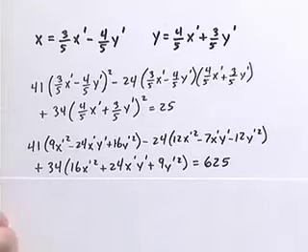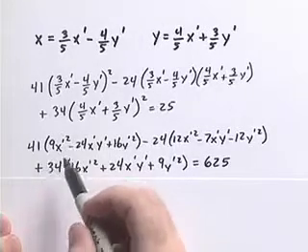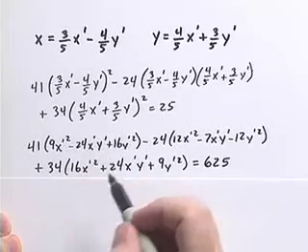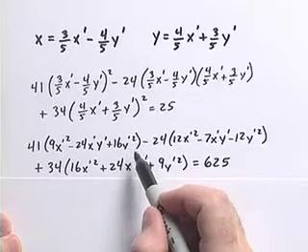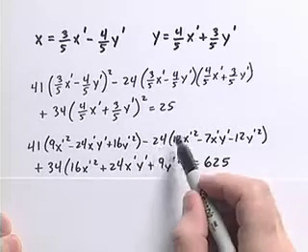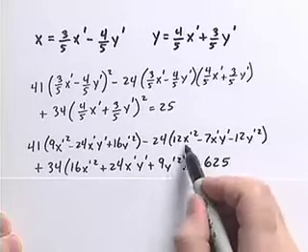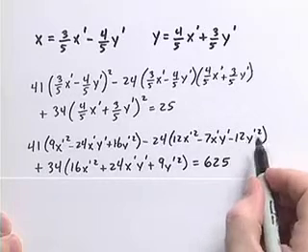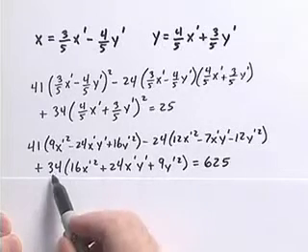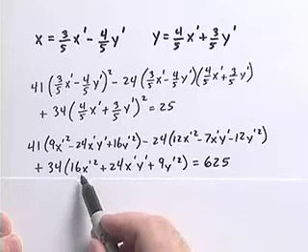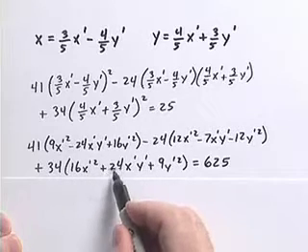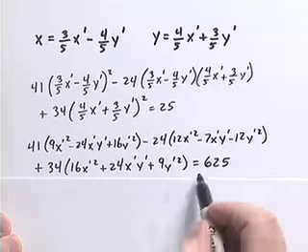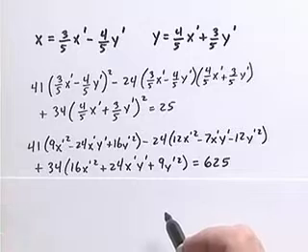We'll end up with 41 times, in parentheses, 9x prime squared minus 24x prime y prime plus 16y prime squared. Then here we'll have minus 24 times, in parentheses, 12x prime squared minus 7x prime y prime minus 12y prime squared, plus 34 times, in parentheses, 16x prime squared plus 24x prime y prime plus 9y prime squared, and then all of that's going to be equal to 625.